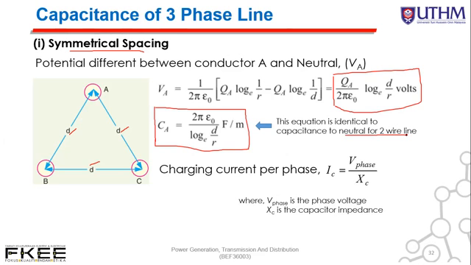Another equation we can discuss for the case of symmetrical spacing is the charging current per phase, that is IC equal to V phase divided by XC. V phase is the phase voltage, XC is the capacitor impedance.